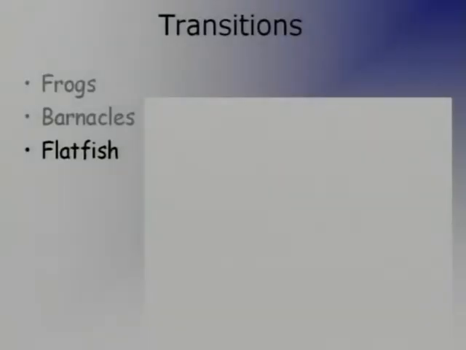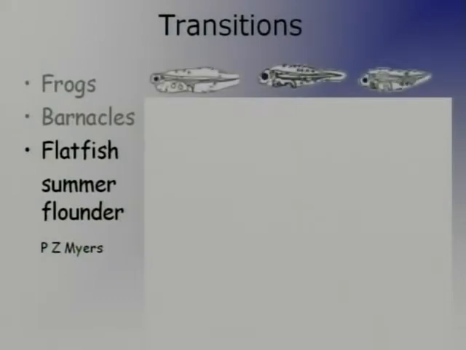But the last example I've got is perhaps the most interesting. It's a flatfish. This is an example of the summer flounder, thanks to P.Z. Myers. I don't know whether this is actually his picture, but I've copied it off his website, so I'm crediting him with it because he didn't credit anyone else. Here we have a picture of the summer flounder as a larval stage, small, almost microscopic when it first hatches out of the egg.